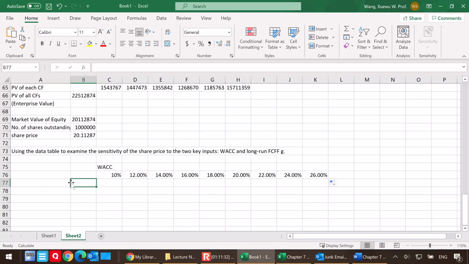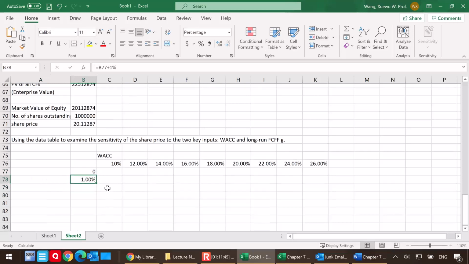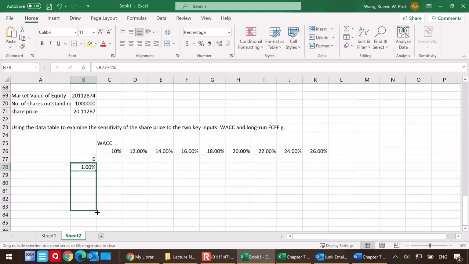And I'm going to look at the long run free cash flow growth rate in this column. I can set up 0 as the lowest, and I can increase this by 1% each time, and I can go as high as, let's say, 6%.